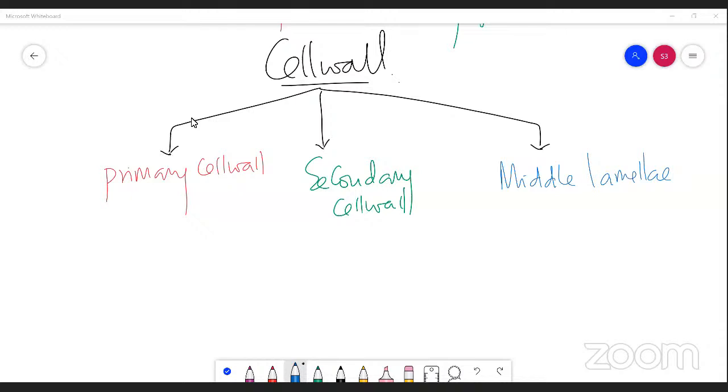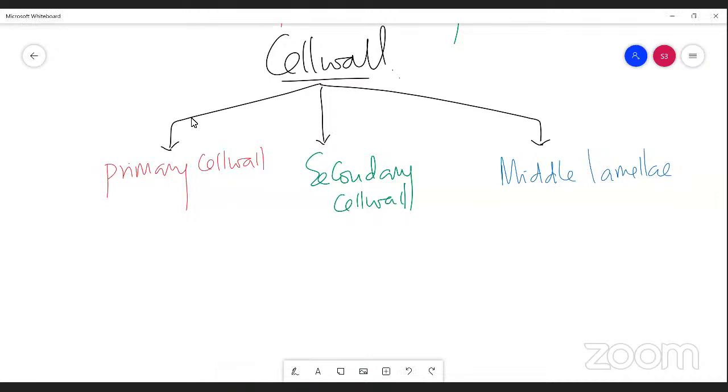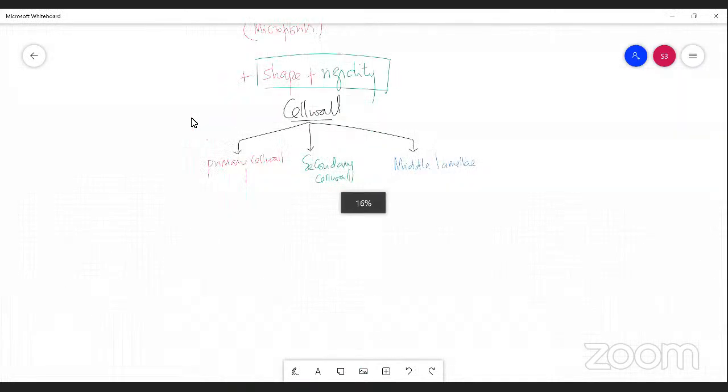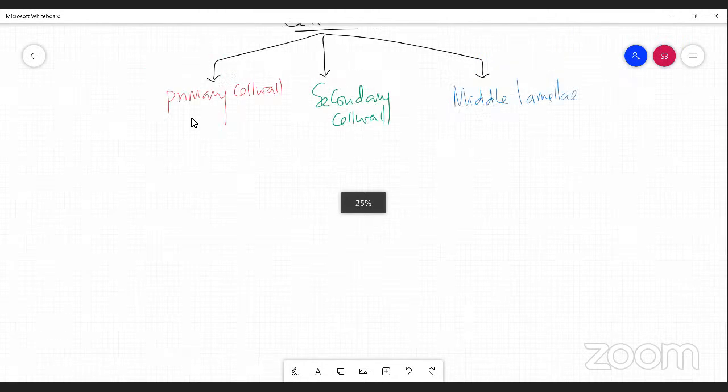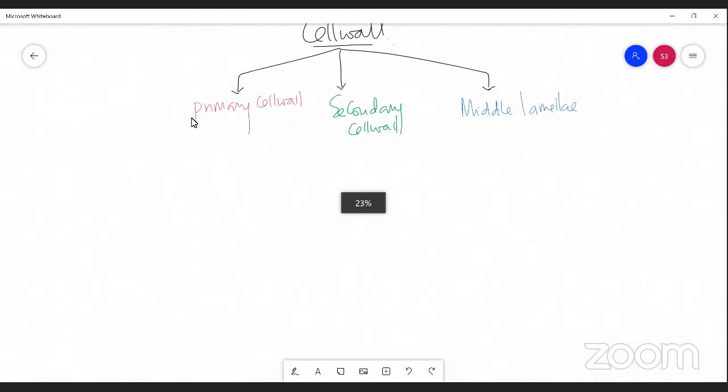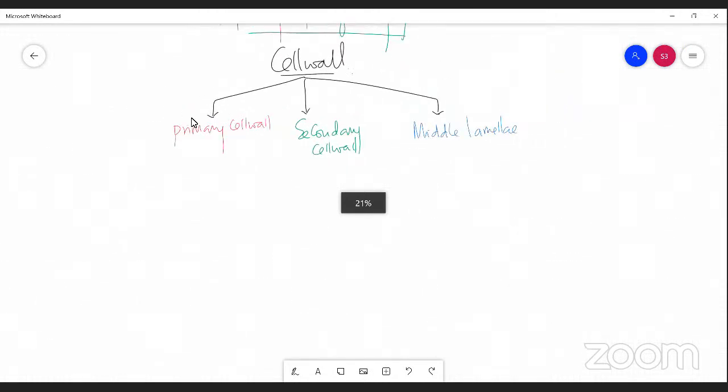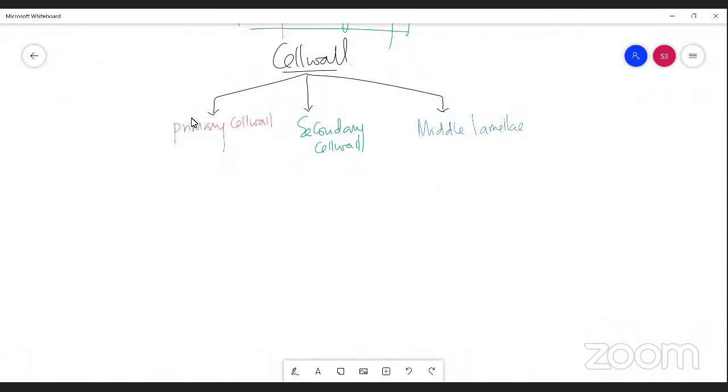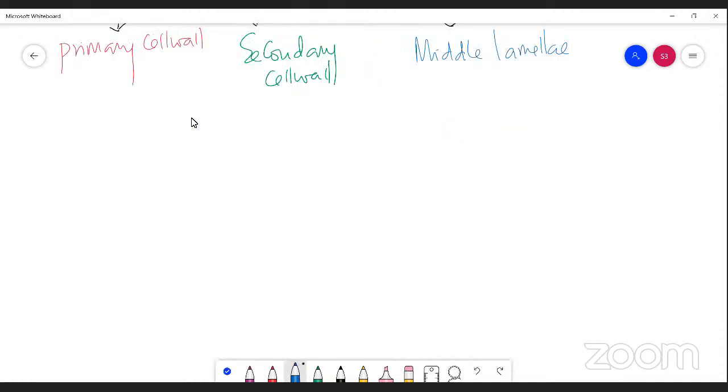Okay, now I'm going to talk about the primary cell wall. Before that, I should draw the structure of the plant cell wall. Dear students, let me draw it. Now, this is the structure of a cell.